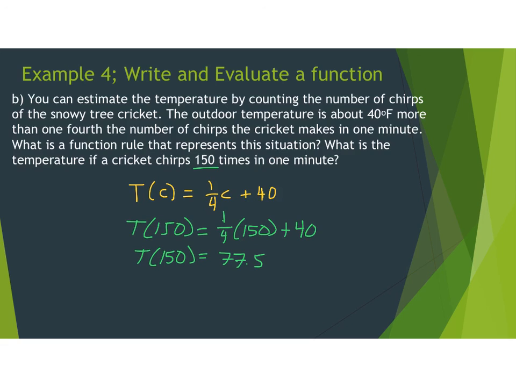So that means that it would be roughly 77.5 degrees Fahrenheit when the cricket chirps 150 times in a minute.